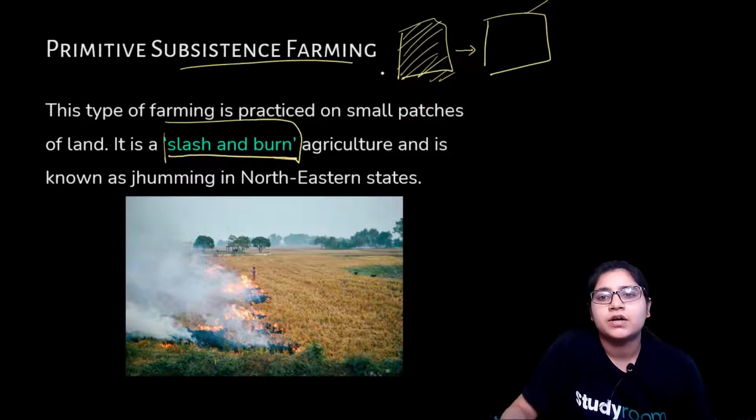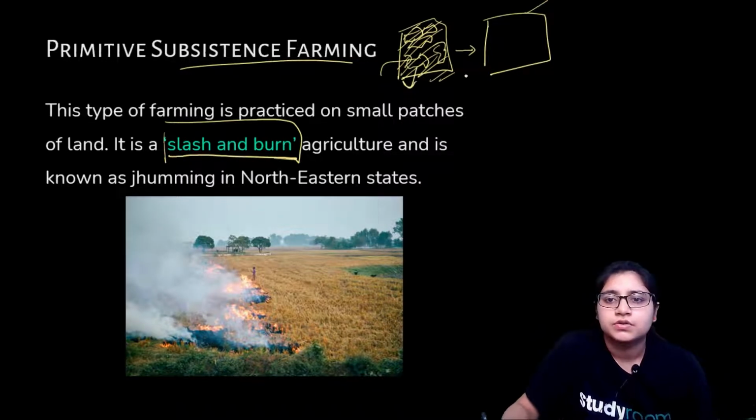You know, animals used to leave their cow dung, and in this way, naturally, the land regains its fertility. Okay, so this is called slash and burn.